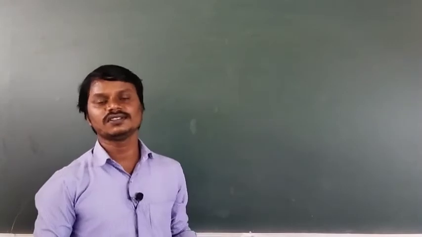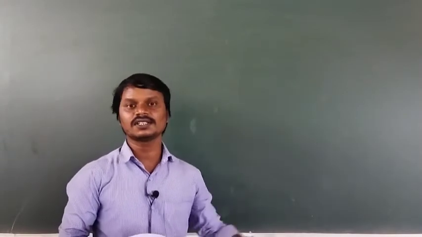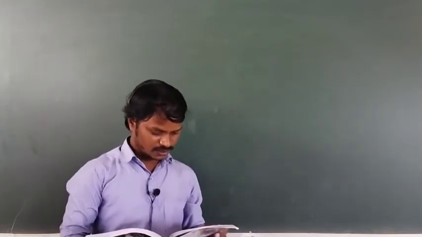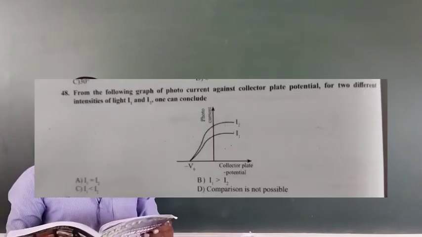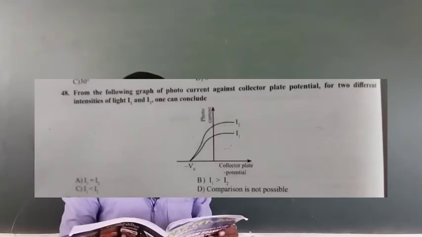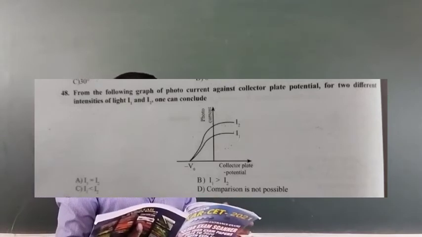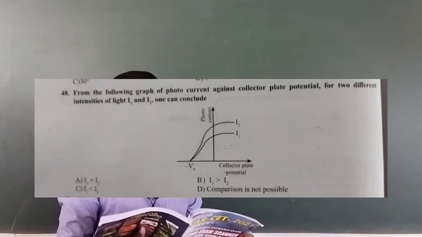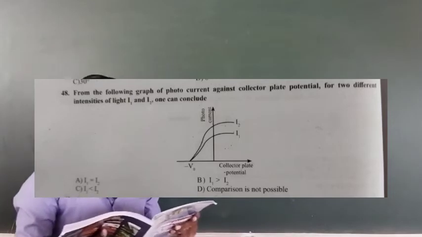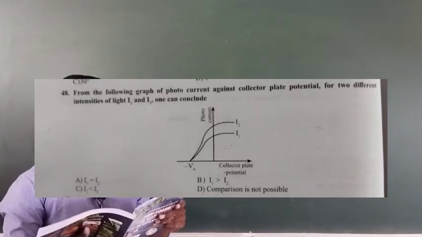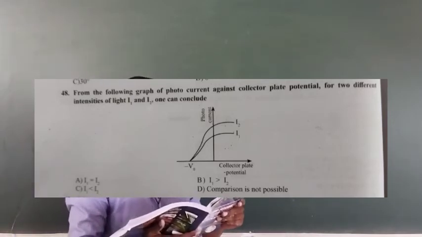So next question, this question asked in the year 2017. What is the question? From the following graph of photocurrent against collector plate potential. So along y-axis photocurrent is given and along x-axis collector plate potential is given. For two different intensities of light, I1 and I2, one can conclude.